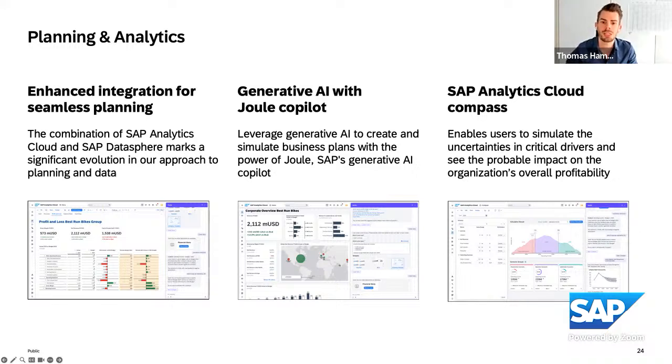Next, in the middle, you can see the integration of generative AI into SAP Analytics Cloud with our Copilot Joule. So Joule will give our end users the possibility to help designing new stories, but it also will help understanding some of the data better.